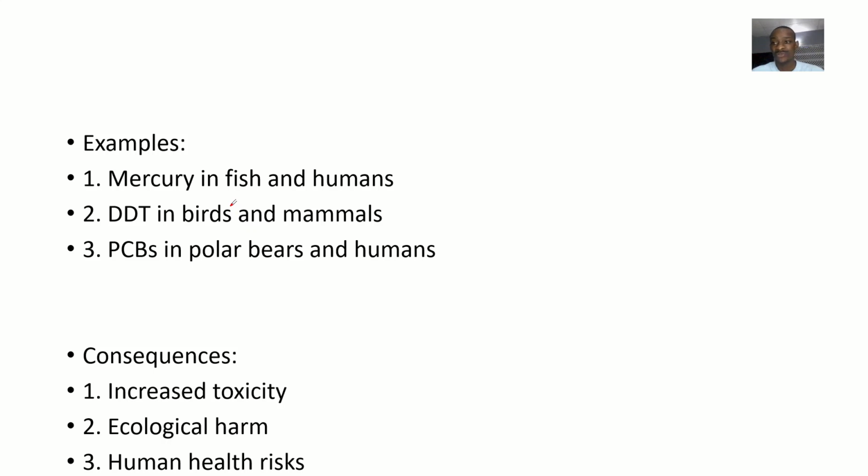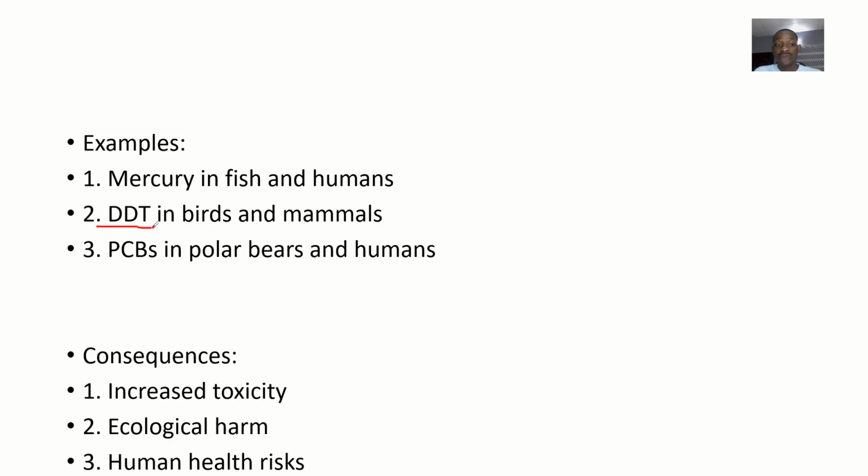What are the examples of these toxins? It could be mercury. It could be dichlorodiphenyltrichloroethane. Please, it's an exam. Don't use abbreviations. You must write everything in full.